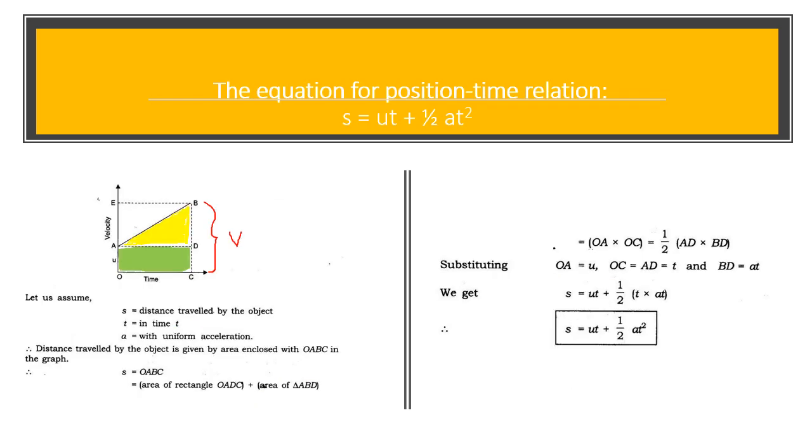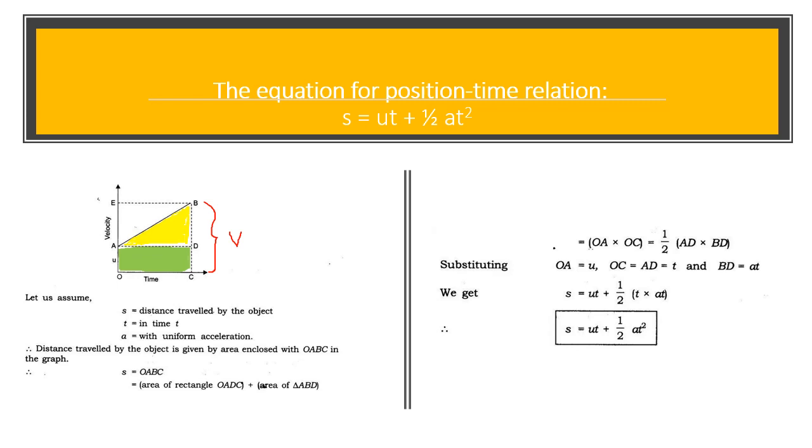Now the second equation. Equation for position-time relationship. S equal to ut plus half at squared. Let us consider that the object has traveled a distance s in time t under uniform acceleration a. You can see in this diagram, the distance traveled by the object is obtained by the area enclosed within O, A, B, C under the velocity time graph AB.